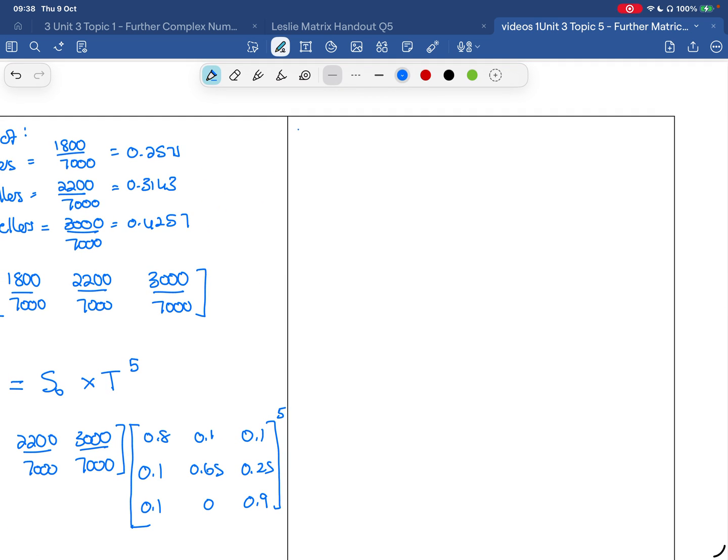Okay, so assuming a steady state exists, if we have a steady state, that means that our proportions that we want to get will be our initial proportions multiplied by our transition matrix.